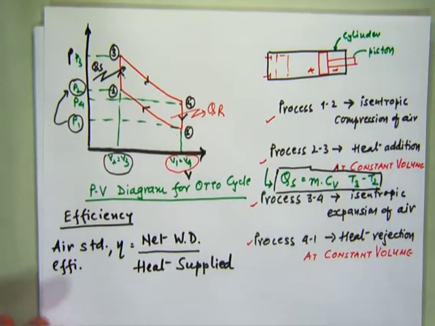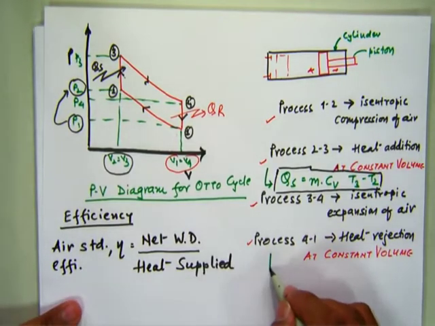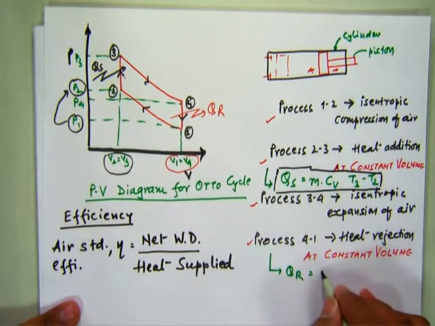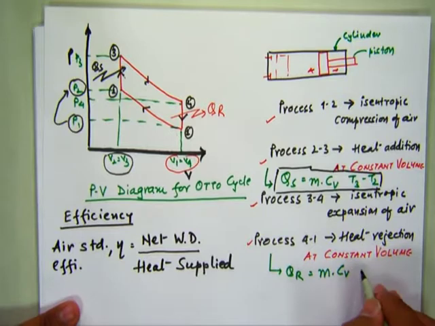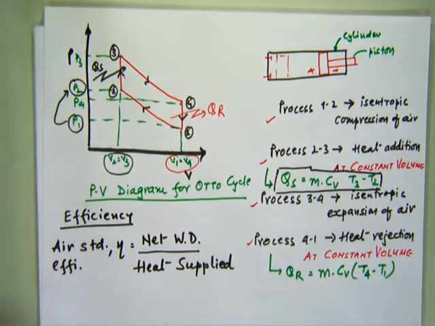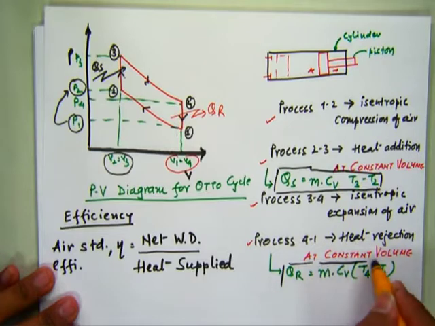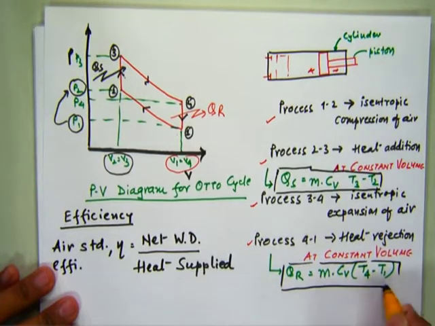And heat rejected is QR, that is equal to M into CV into T4 minus T1. This is the heat rejected.